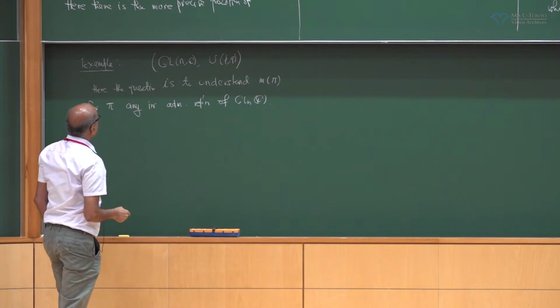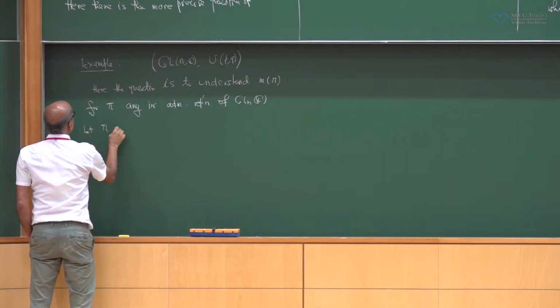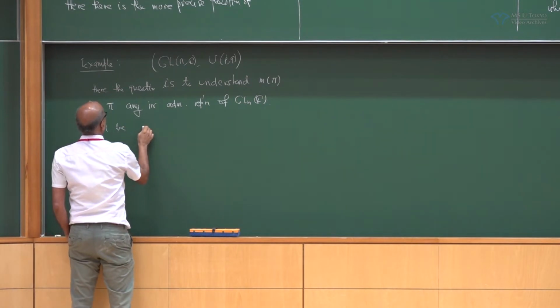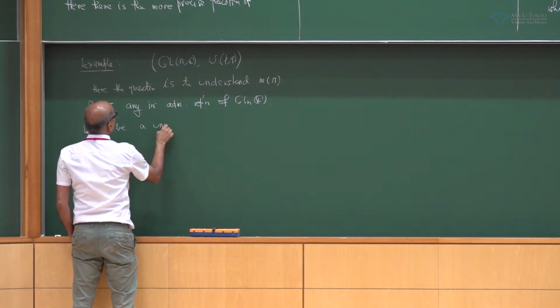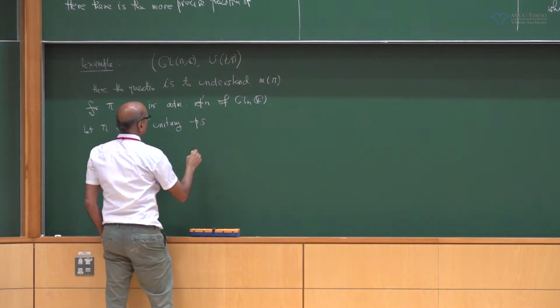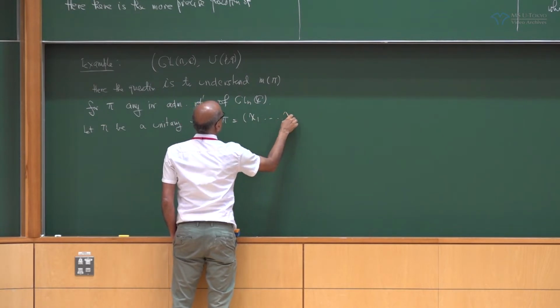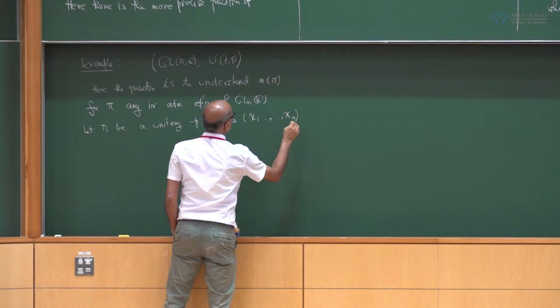In this example, let pi be a unitary principal series, coming from chi1 through chi-n.